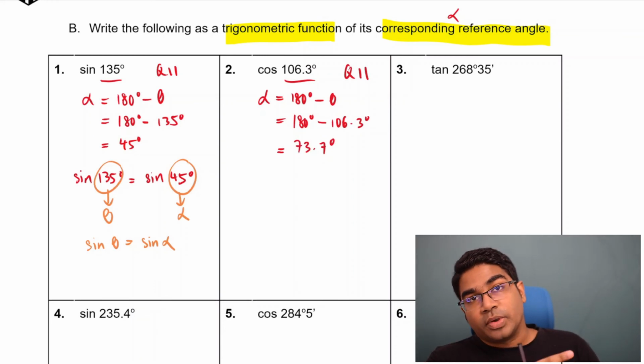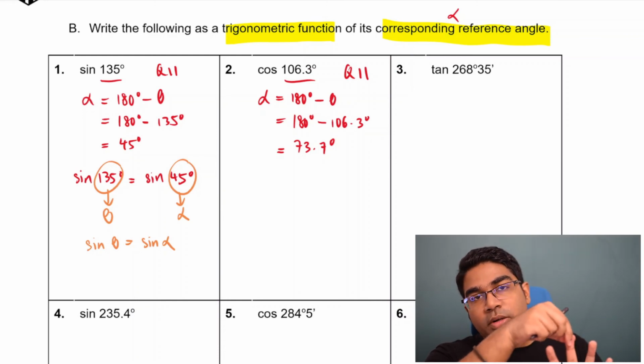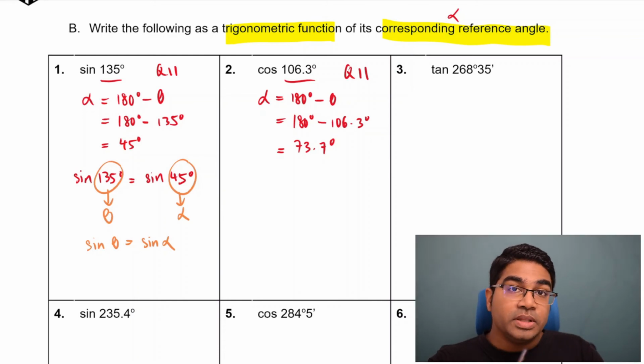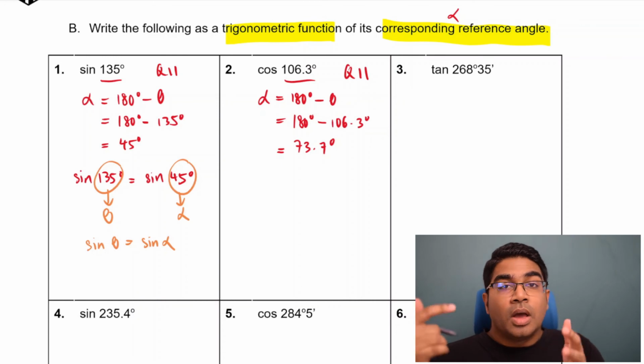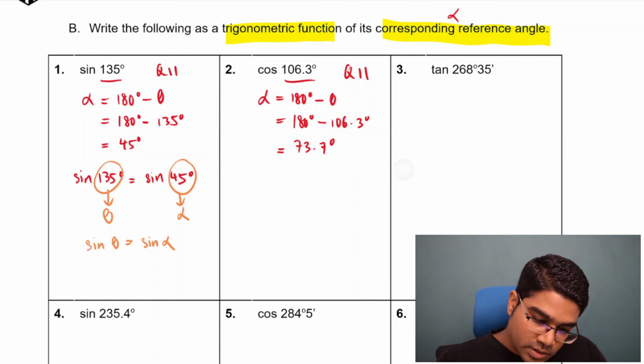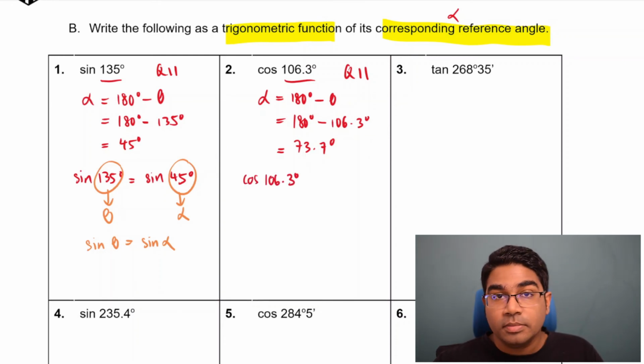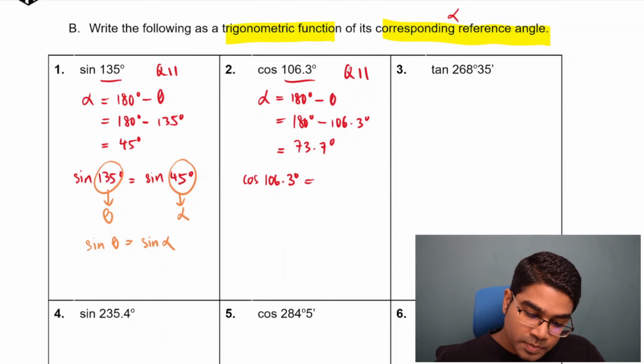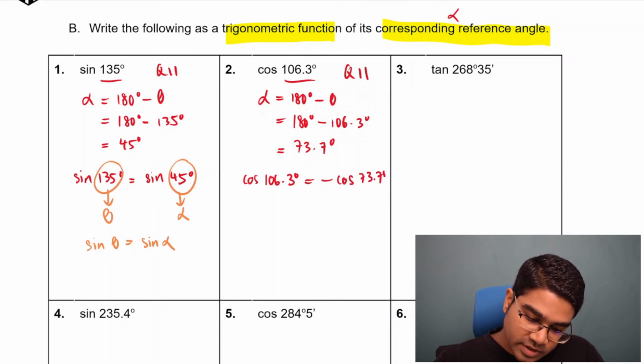Now we already established from question 1, add sugar. Quadrant 2, only sine is positive, which means cos will be negative. Cos of alpha will be negative of cos theta, which means cos of 106.3 degrees, this is theta, will be equal to negative cos of alpha, 73.7 degrees.